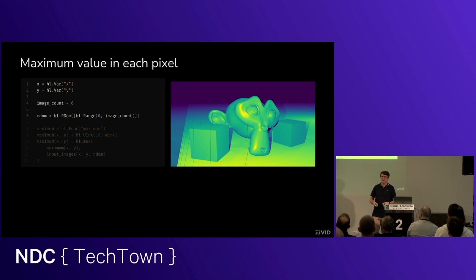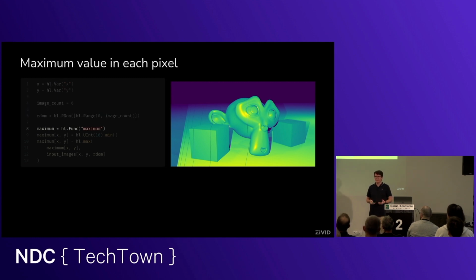And there's no way to write code in Halide with raw for loops. The whole intention of Halide is to figure out the nesting and order of all your for loops later. But you have to tell Halide somehow that there's going to be a reduction here. And that's done by saying that I want a reduction domain over the number of images. So it's a reduction domain, in this case 1-dimensional. It's going from 0 to the number of images. That's the range.